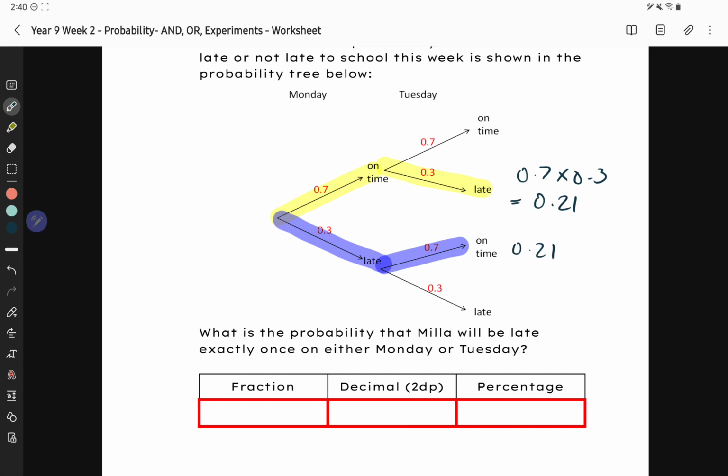So it's 0.21 plus 0.21, which is, let me write it over here, oh, not fraction, it's a decimal, 0.42, which is 42%. And changing from decimal to fraction, we can just say it's 42 over 100.